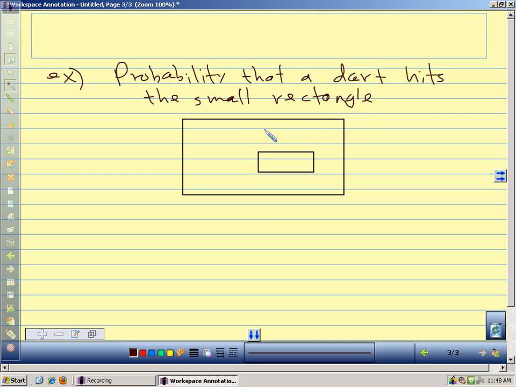And let's put some units on here. This side is 12, this side is 4, this side is 2, and this side is 6.